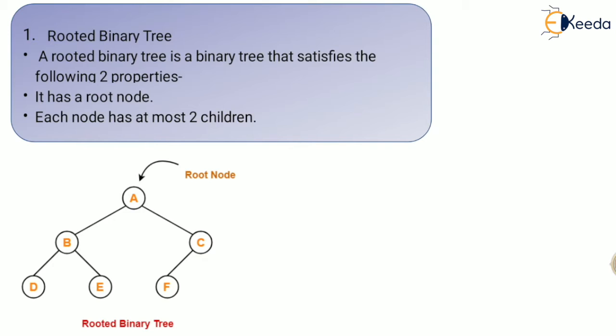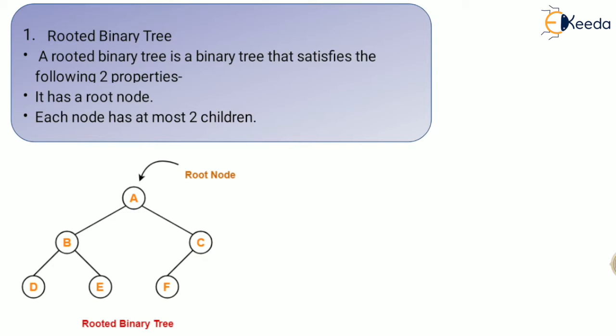Each node has at most two children. See, I am using at most, means maximum two children.